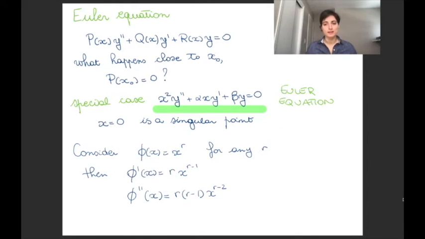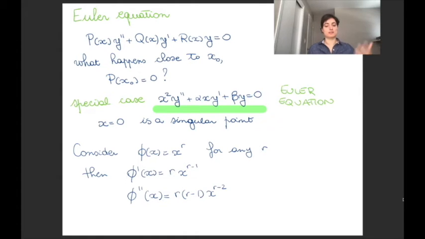If we are squinting at the Euler equation, you might notice that the zeroth derivative of y has no coefficient in x. The first derivative has a coefficient that depends on x to order 1. And the second derivative of y has a coefficient of x to the power 2. So if you're thinking of y as a polynomial, something like x to the power r, then the first derivative is x to the power r minus 1.